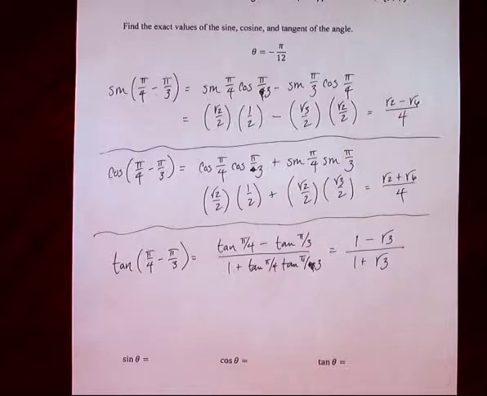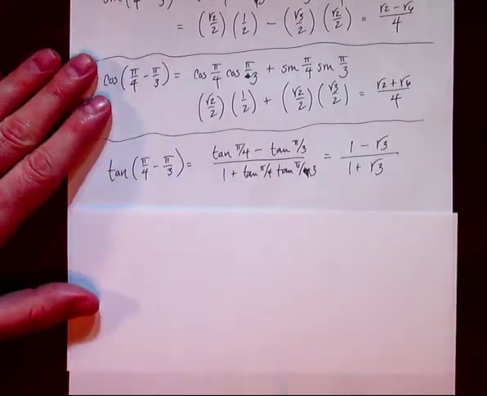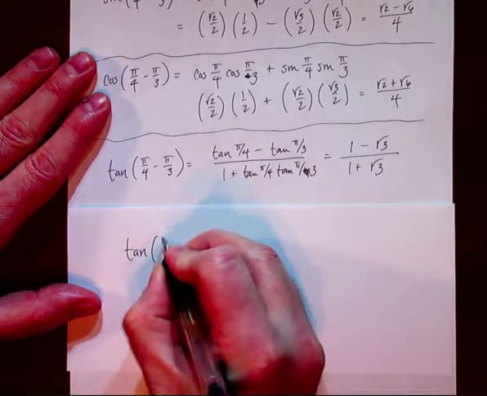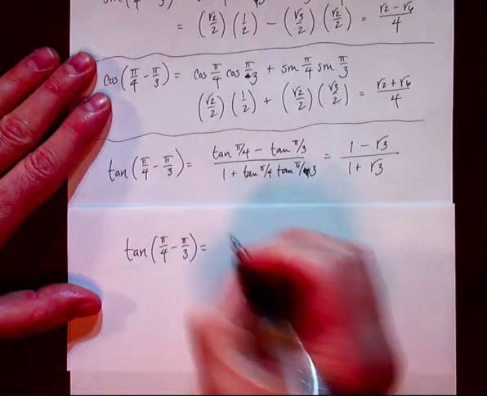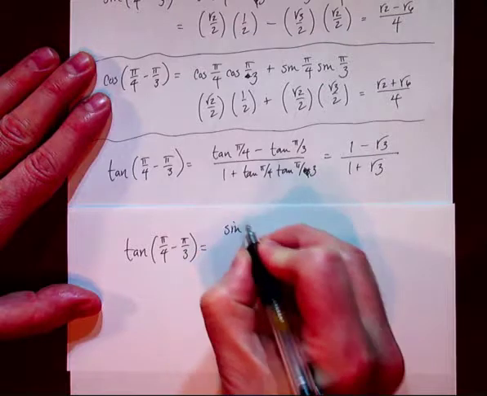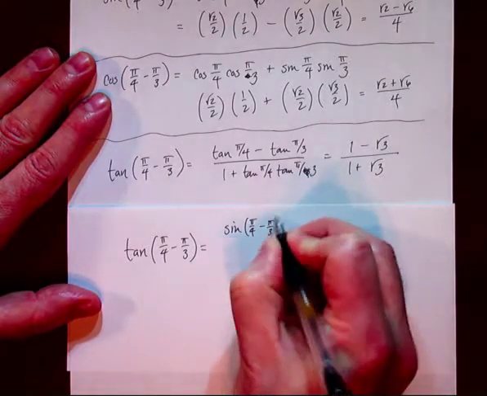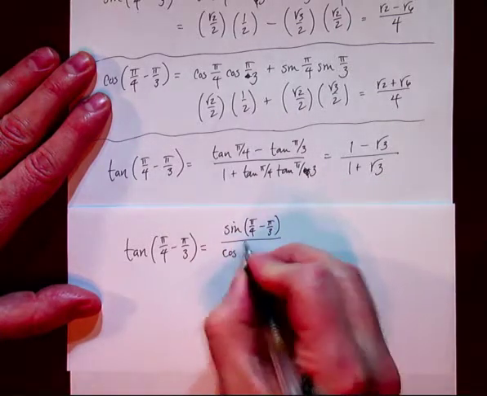Okay. And that's a nice way of checking our answer, right? So let's go ahead and check our answer. We know that tangent of pi over 4 minus pi over 3 should be the same as sine of pi over 4 minus pi over 3, or negative pi over 12, over cosine of the same. You can put it in the shortened form if you want.